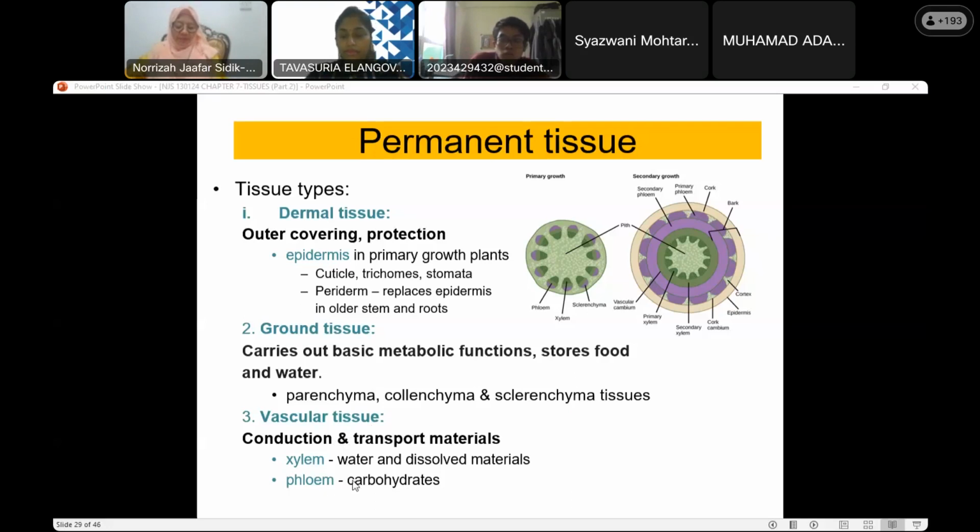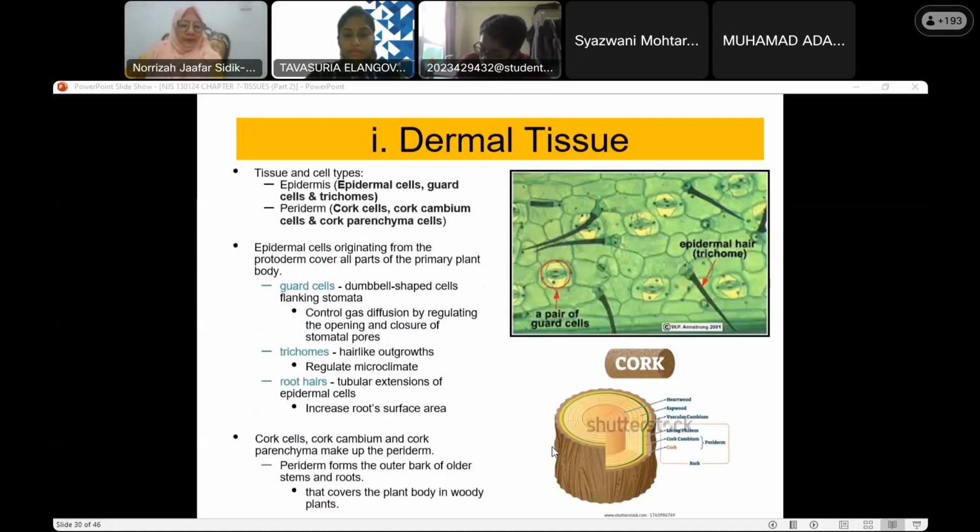Xylem is responsible for the upward transport of water and minerals from the roots to the rest of the plant. And phloem is responsible for the bidirectional transport of sugar, amino acids, and other organic compounds.